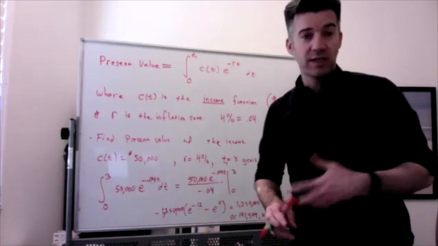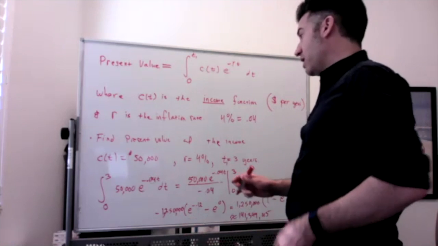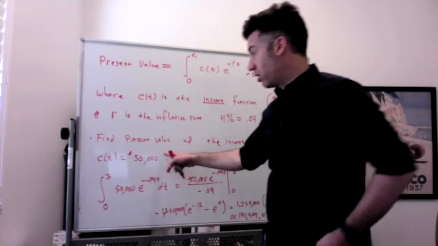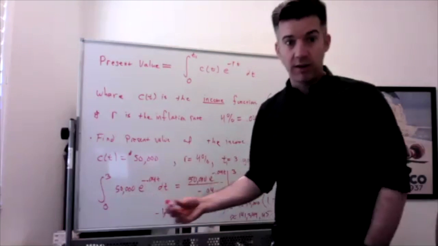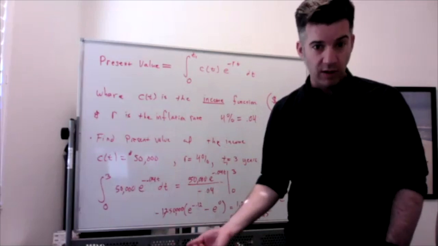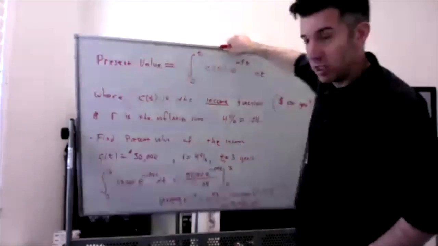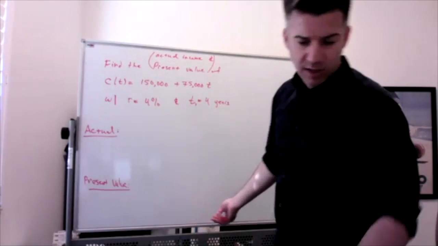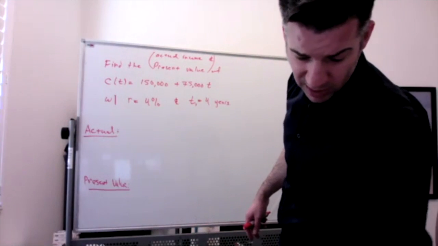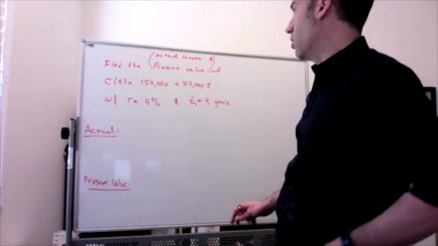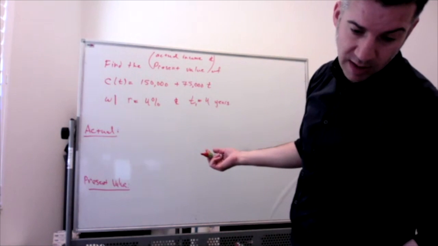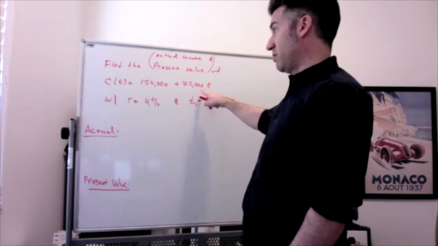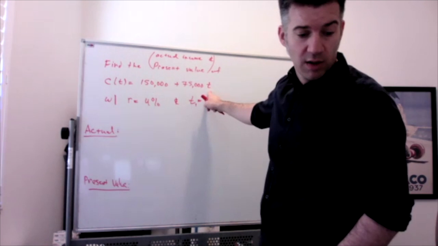But let's look at one that's a little bit more challenging. It's relatively easy when your income function is just a constant. You're making the same number of dollars every year. It's a little bit more challenging when your income function changes over time. So this is actually problem, I believe, 69 from your textbook. A company expects income to be $150,000 plus $75,000 times T, where T again is measured in years, for the first 4 years.